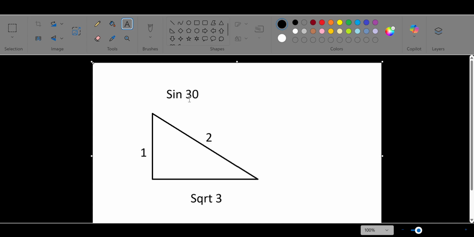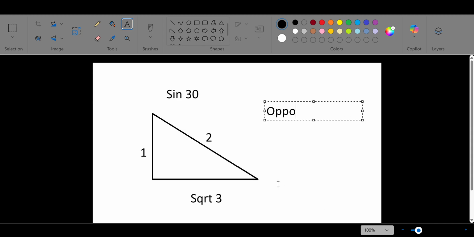So now we're going to solve this equation. Sine is opposite over hypotenuse, sorry.